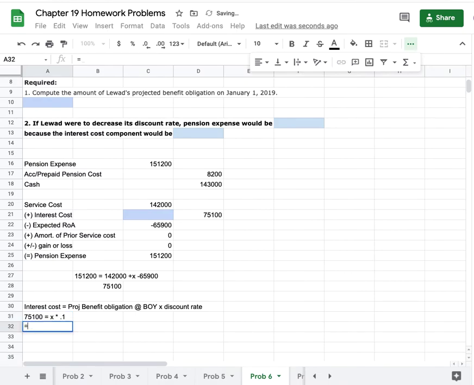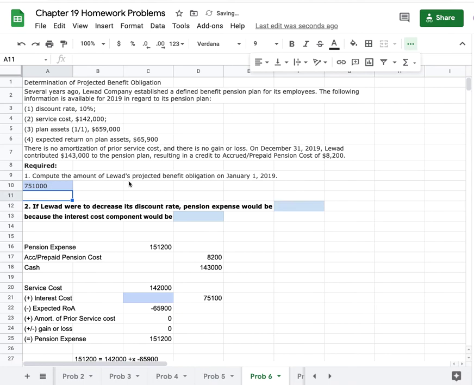And so that means we need to say 75,100 divided by 0.1, and we get 751,000. And so the projected benefit obligation on January 1st, 2019 is 751,000.